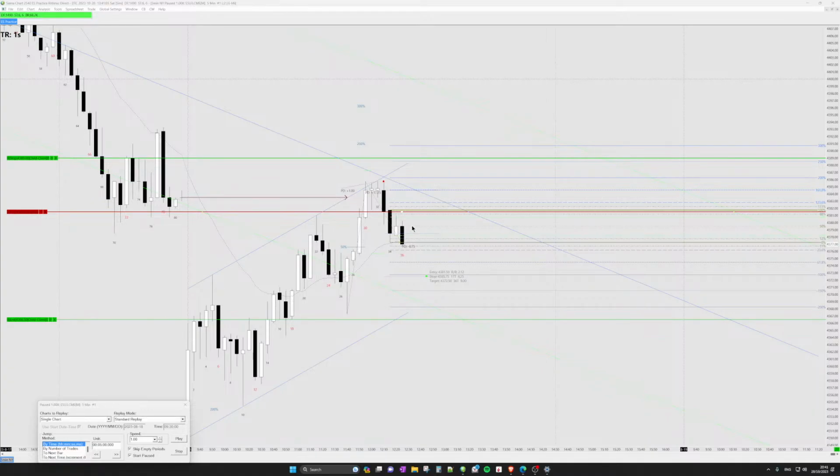But the bears already have the two legs. They make a lower low. This is the second leg, and now on a pullback, basically, I will be entering where bears already finished their two-legged move, reversing from the drop bear zone.